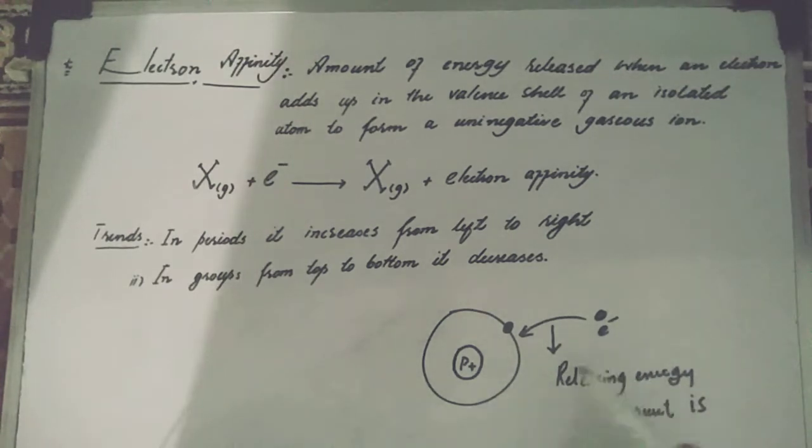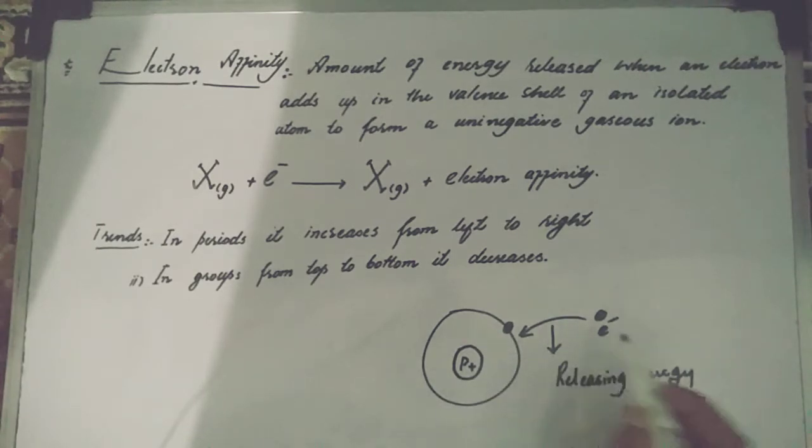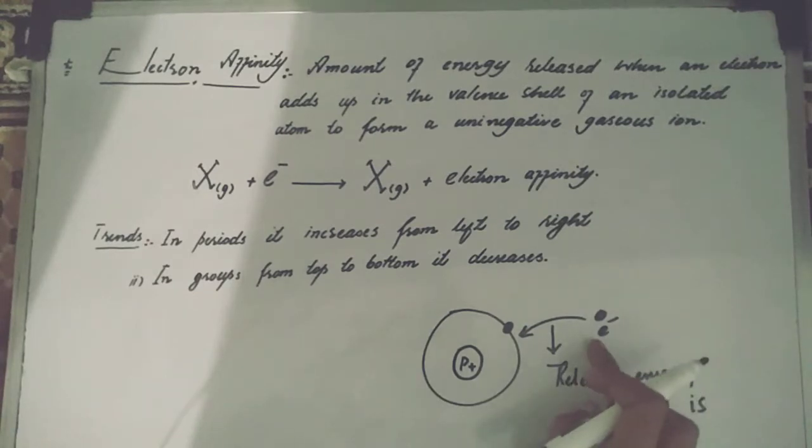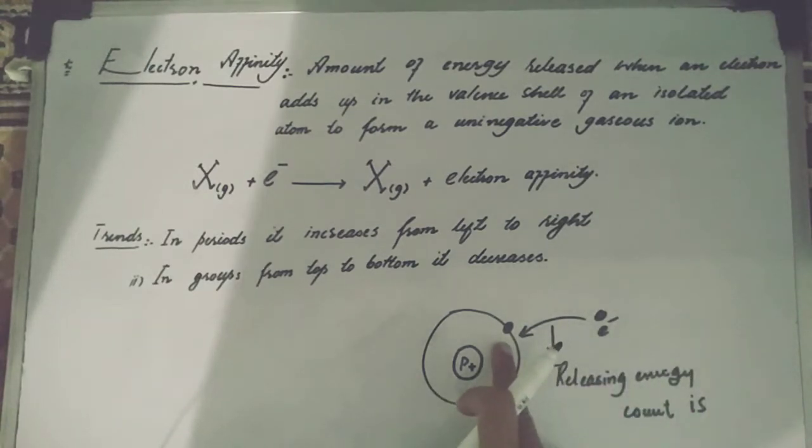So what it means is the love of this electron towards the nucleus, which is positive. This electron is in love with this positive nucleus. In love you pay something, and what this electron pays is in the form of releasing energy. It releases energy when it adds up in this valence shell.